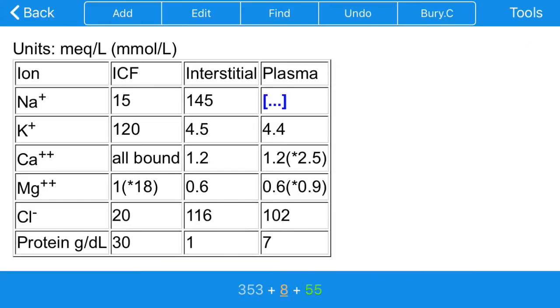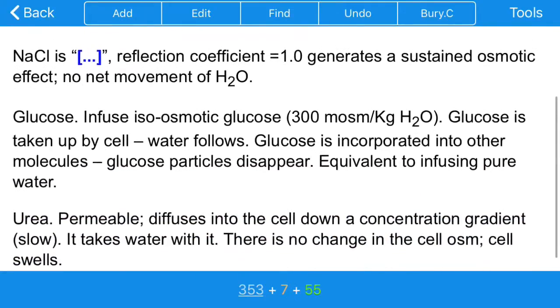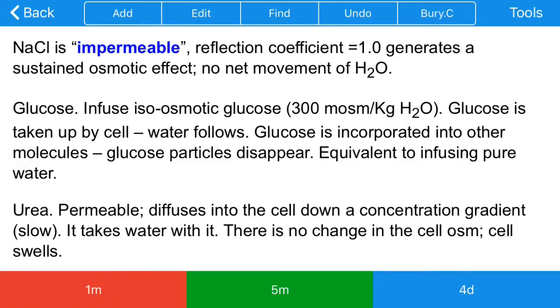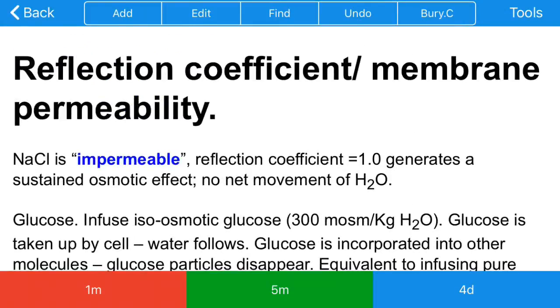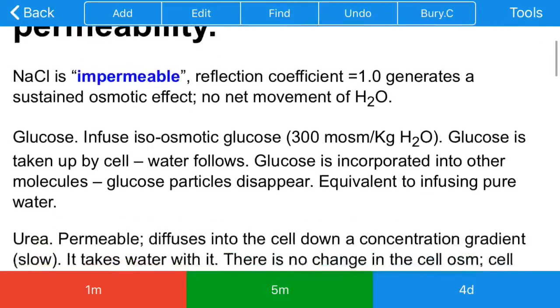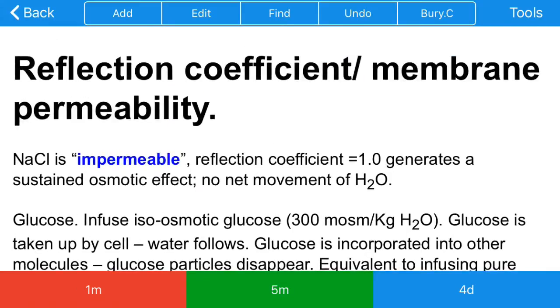Alright, 142, which is approximately the same. I'd be willing to accept 145. Reflection coefficient, membrane permeability. Sodium chloride is the standard impermeable solute.